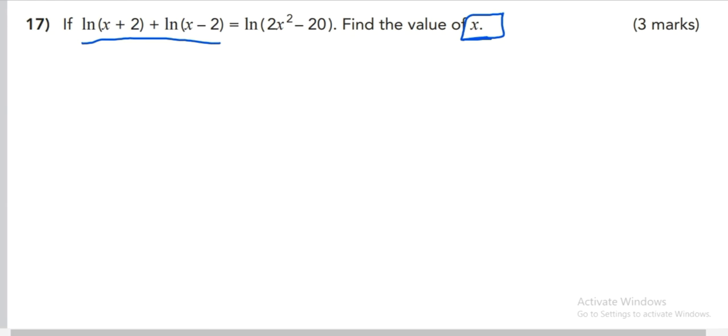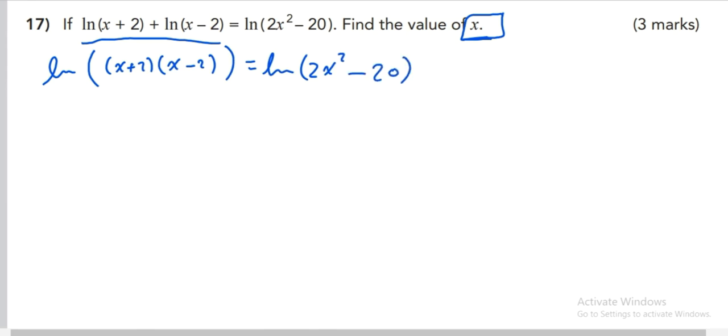On the left hand side, we can see that it's two parts, ln of an expression plus ln of another expression. As we said before in rules of logarithm, ln plus ln equals ln of multiply. So here the left hand side we can write as ln of x plus 2 multiplied by x minus 2, equal to ln of 2x power 2 minus 20.